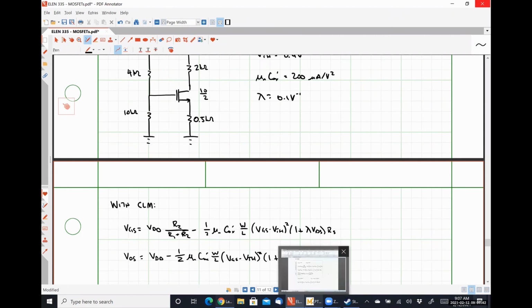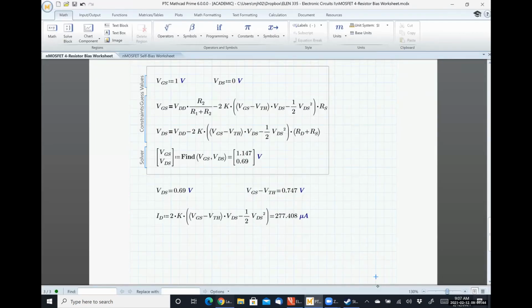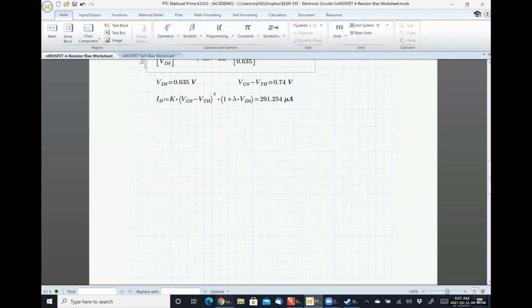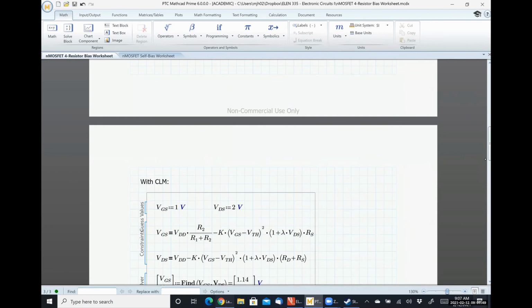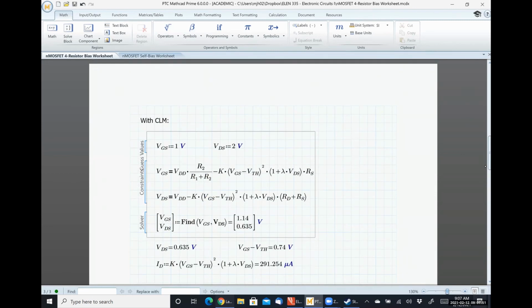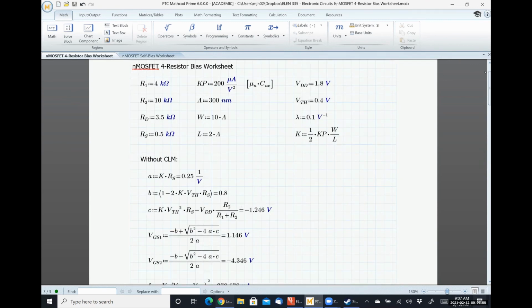So to this worksheet, I added a section for solving them with channel length modulation on. If we go up to the very top, I change this to 2 kilohms.